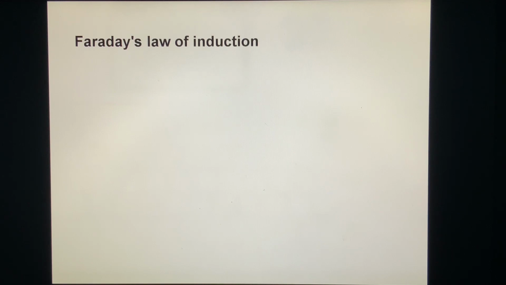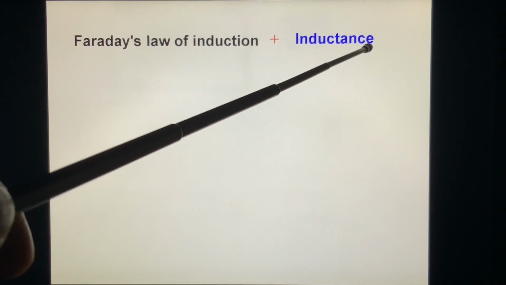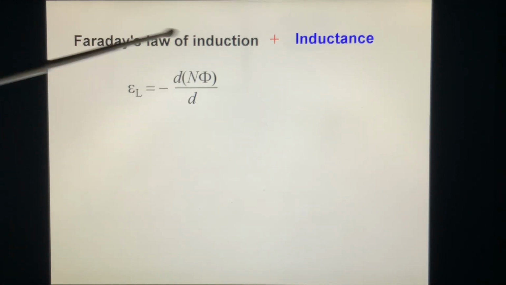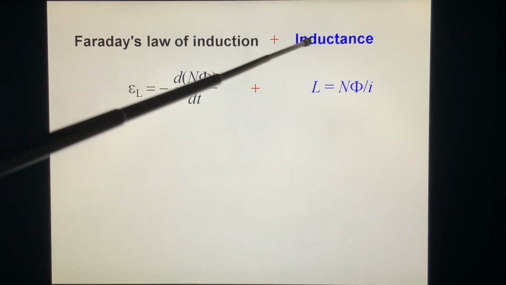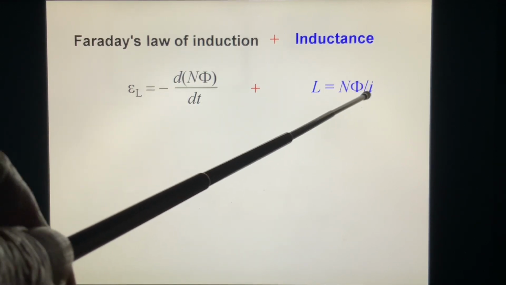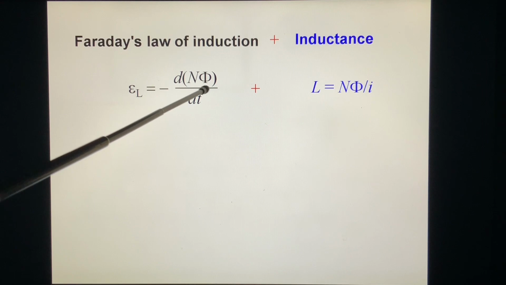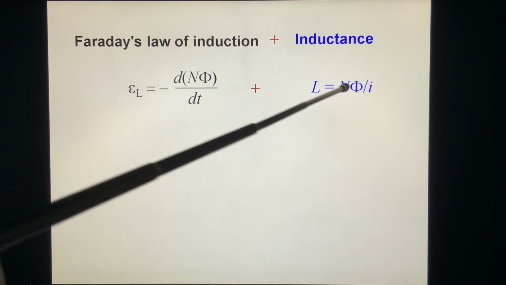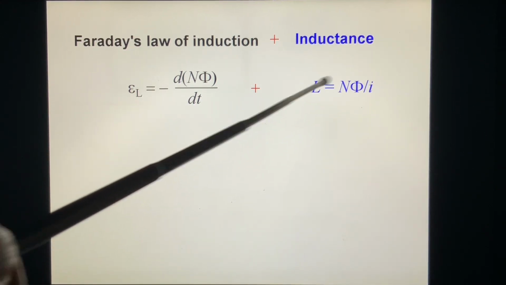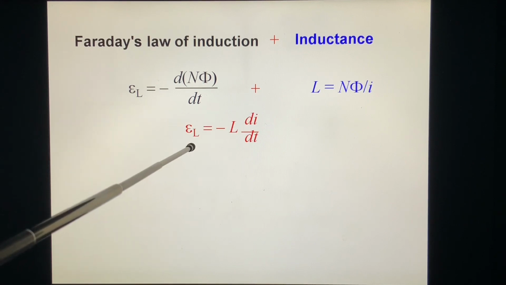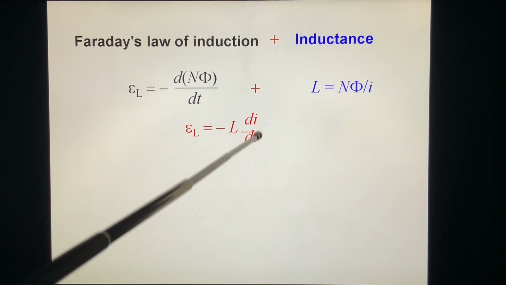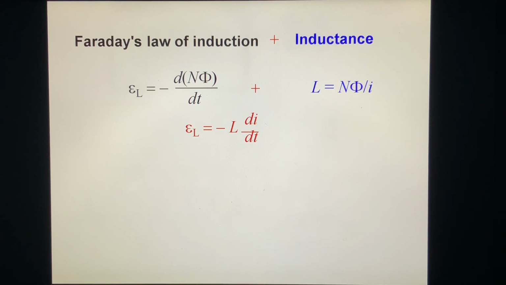Faraday's law of induction plus inductance. This is Faraday's induction law, and this is inductance. We know inductance is defined by N phi over I. So we put N phi equal to L i here, and epsilon L equals minus L di dt.